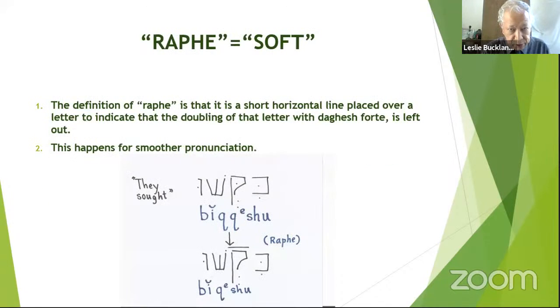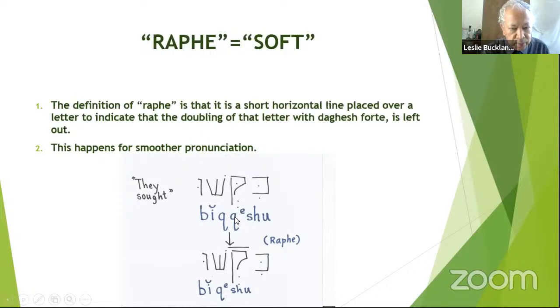And Rafe means soft, meaning that the pronunciation is soft, it's smooth, and it indicates that the dagesh forte has been taken out of a consonant. Like here is a consonant kof. It has the dagesh forte in it, and it means that the kof, which is our Q in English, is doubled or repeated.